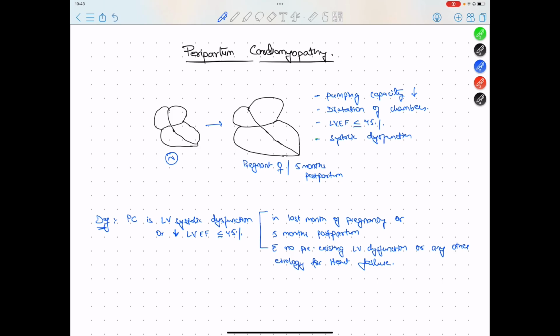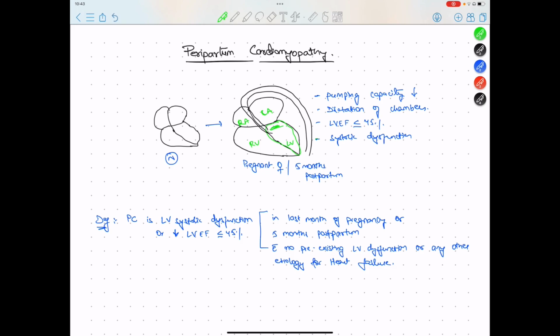So what happens here is when the chambers have dilated, as you can see, the LV has dilated. This is RV, this is LA, and this is RA. When the LV has dilated, it is unable to pump enough blood into the aorta.